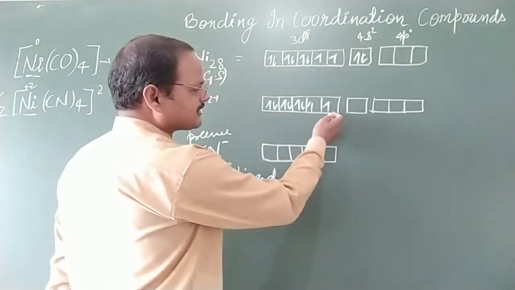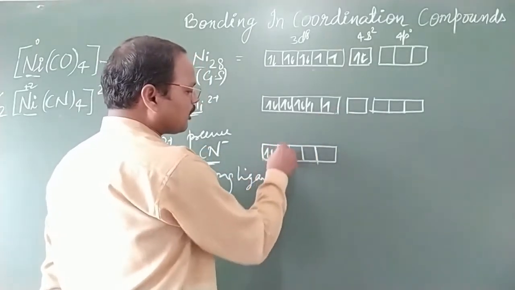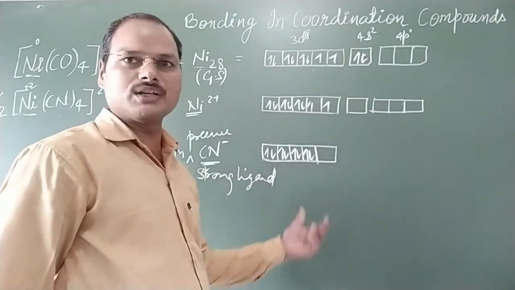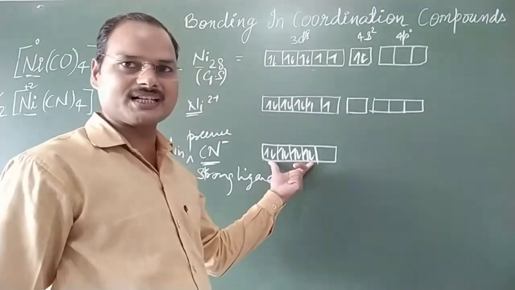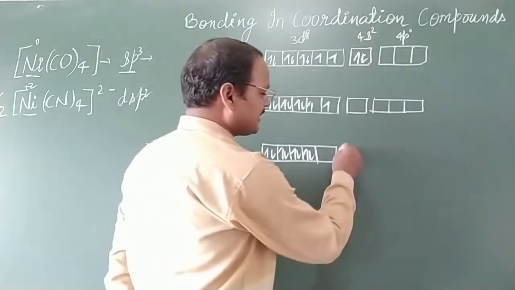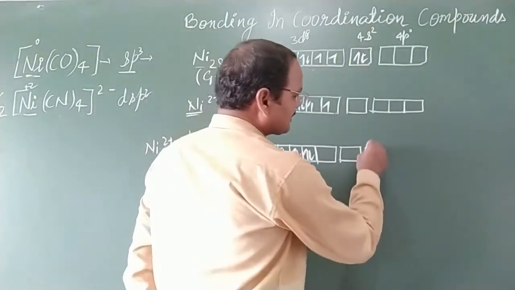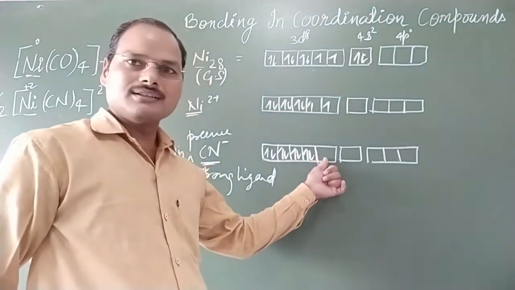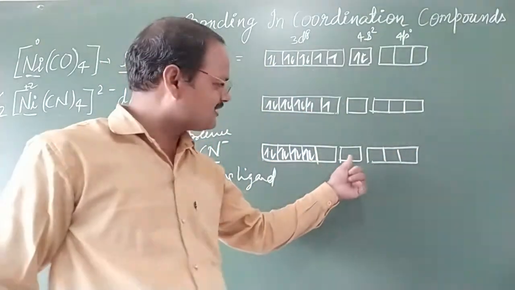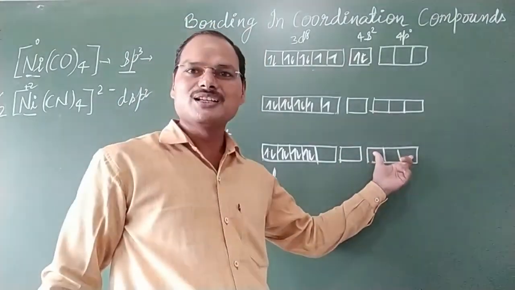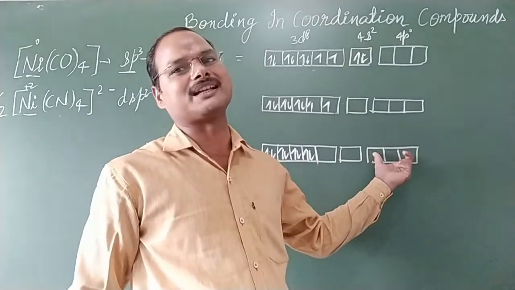This orbital becomes empty, and all four 3d orbitals have 2 electrons, meaning four fulfilled orbitals, and one orbital is empty. In this way, you can see there is one 3d orbital empty, one 4s orbital empty, and all 4p orbitals are already empty.